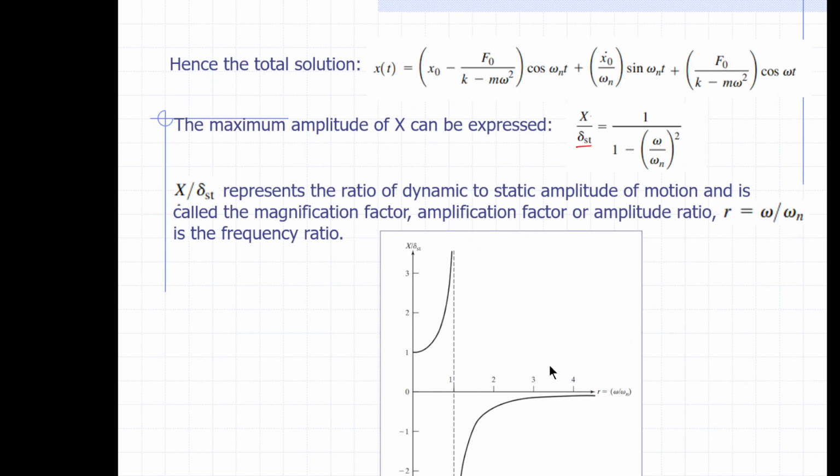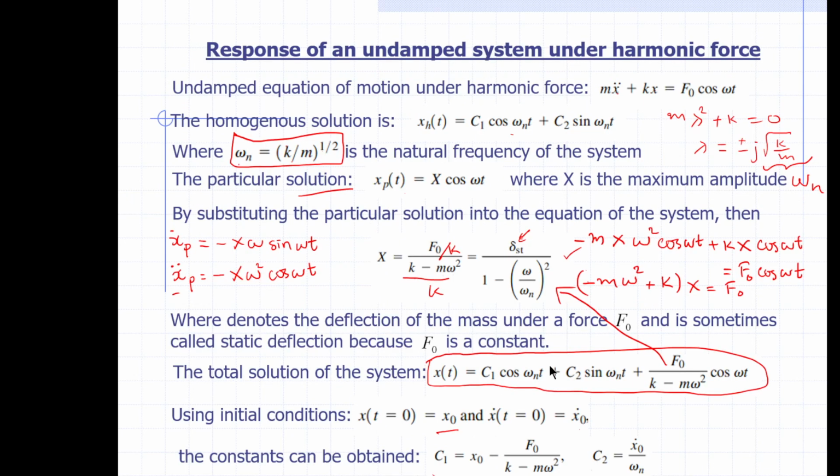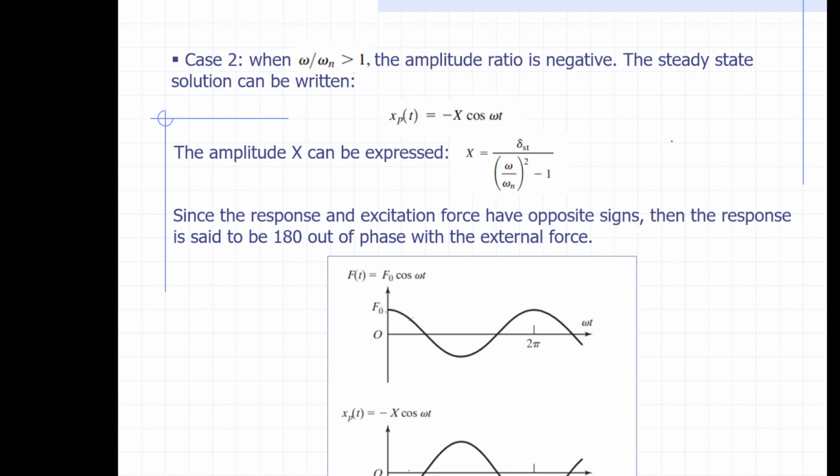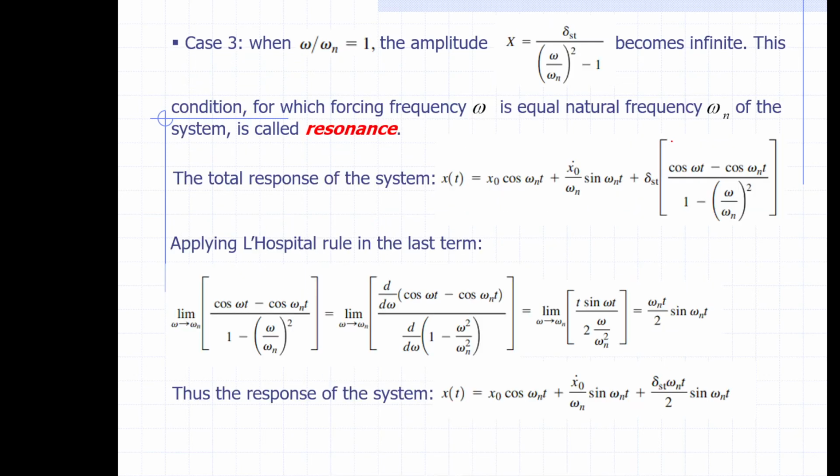Okay, just to remind you of the particular solution here. And this part can be rewritten like this. So that's why you just compare omega over omega n. Case number 3, omega over omega n equal to 1.